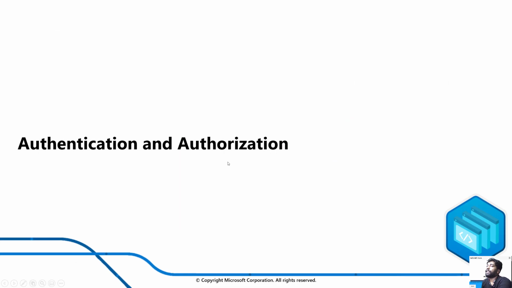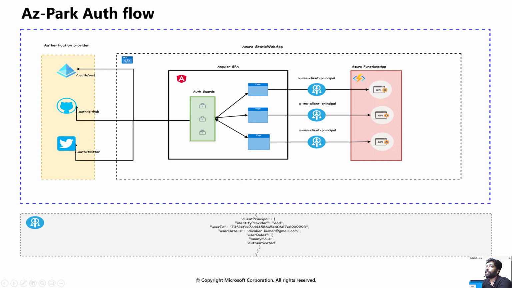So now let's see how the authentication and authorization flow looks like in our Azure Park. So this is going to be the flow that I have established in the Azure Park. So there are three providers that have been provided by the Azure Static Web App as an out-of-box feature for our authentication providers.